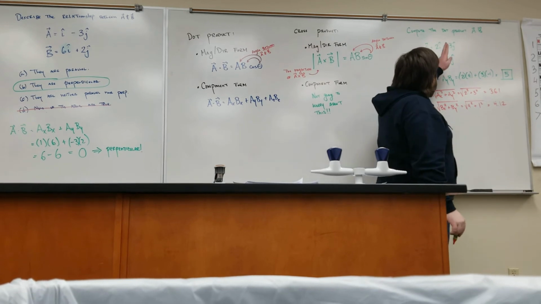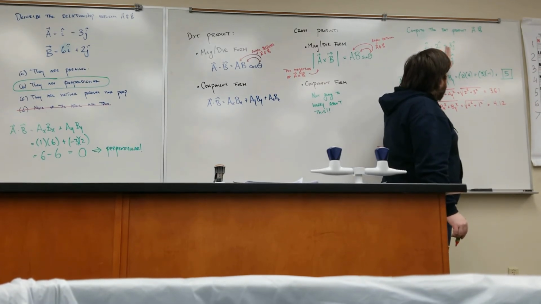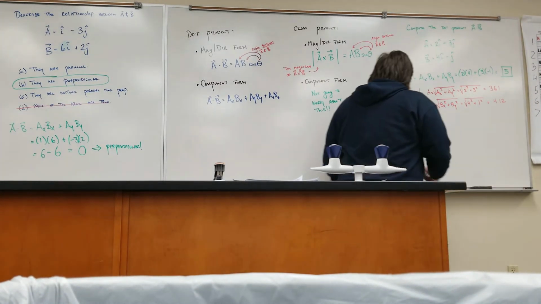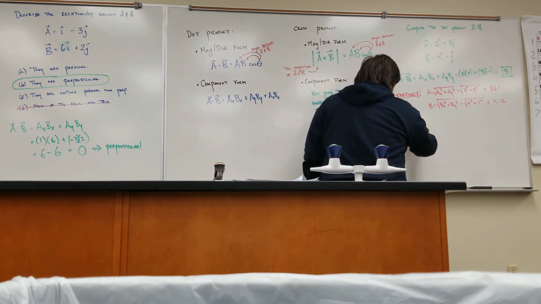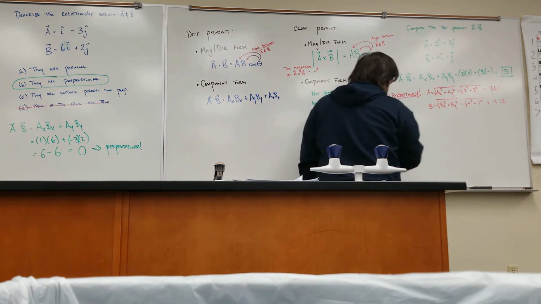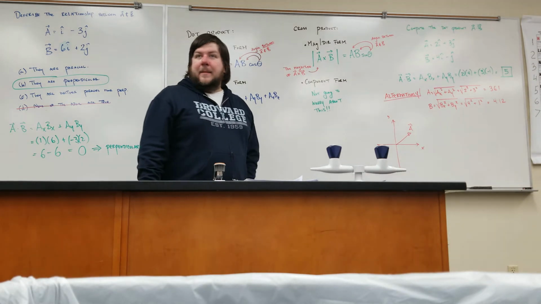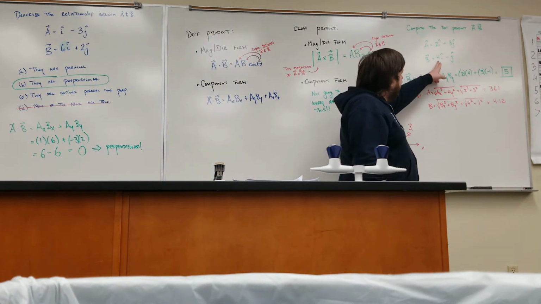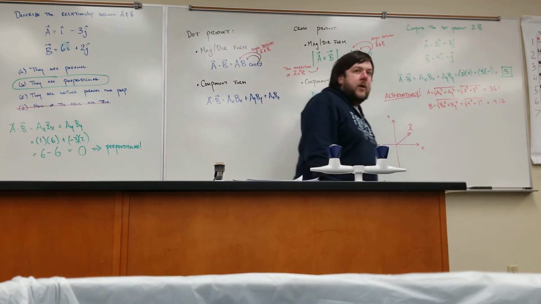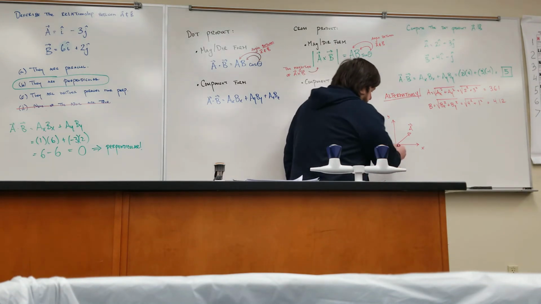So A is positive 2 in the x direction and 3 in the positive y direction. So A is in the first quadrant. B has a positive x component but a negative y component, and that's in the fourth quadrant.